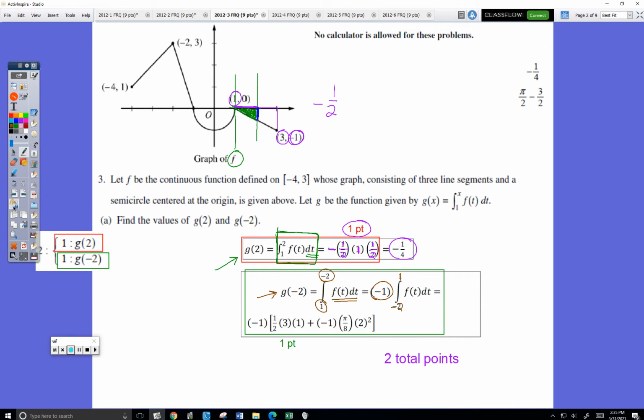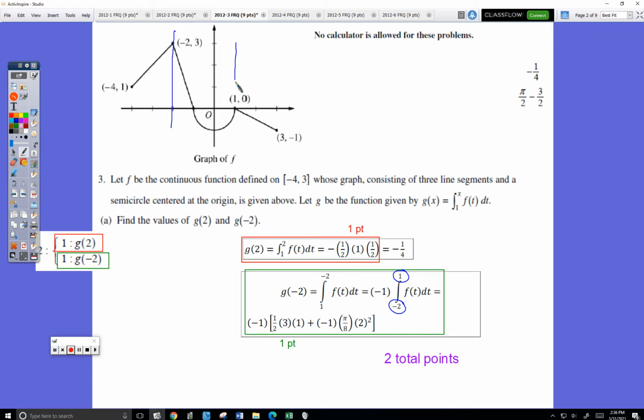Let's clear that off again. So I'm integrating from negative 2 now to 1. So negative 2 all the way to 1. Which means I must count this area as a positive value. And I must count this area as a negative value.